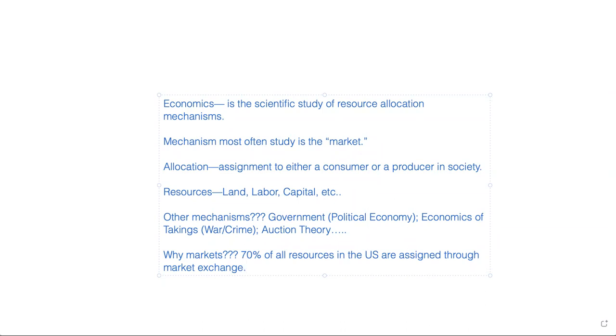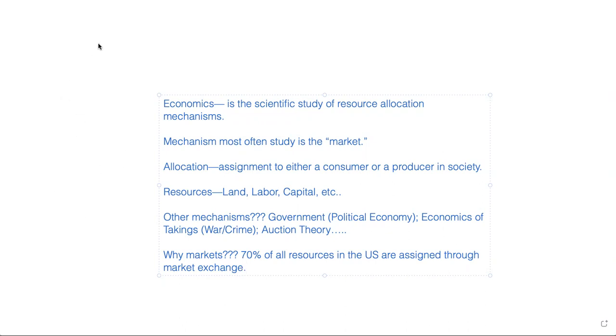But they still would get together and they would trade things. And so market behavior is widespread, and it's very common. So that's why we study it, and we study it first.